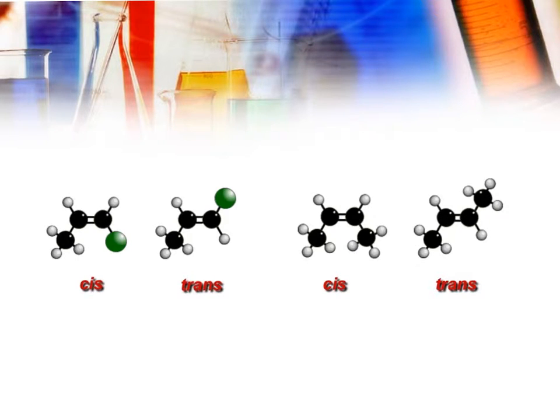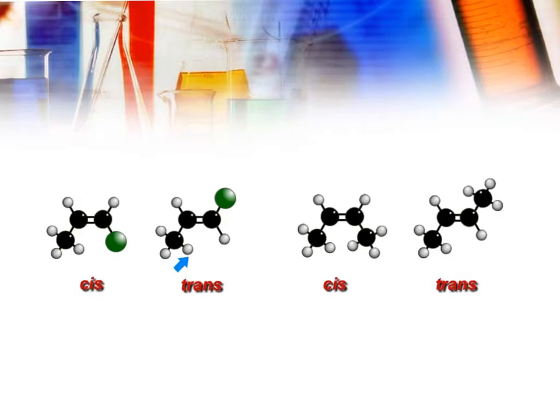Now, reviewing cis-trans, again notice that right here we have that double bonded alkene, that double bonded carbon, and here we would have, say, a bromine, and here we have a methyl group. You'll notice that while they are not identical, both of these structures are on the same side of the double bonded carbon, and so we use the prefix cis.